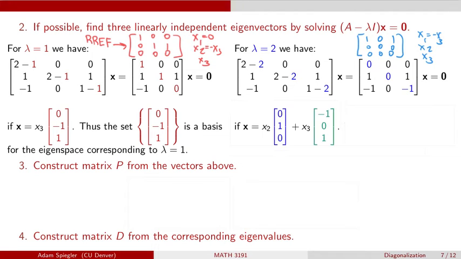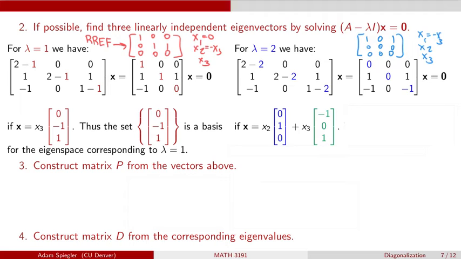And this gives us a solution set to this homogeneous equation that for any x, which equals x2 times the vector 0, 1, 0, plus some scalar x3 times the vector minus 1, 0, 1. This is going to determine the eigenspace for the eigenvalue lambda equals 2.